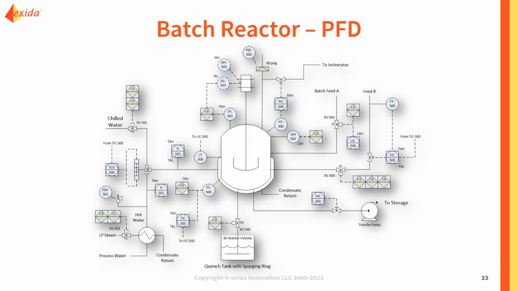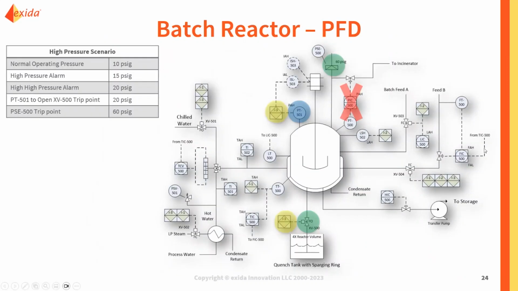And so there's a few things from a safety perspective that we would want to highlight. If we look at that high pressure scenario, you might have a high risk hazard happen if your valve here does not open to vent to the incinerator. And so if that is your cause for the hazard scenario, let's look at a few of the different safeguards that are here.